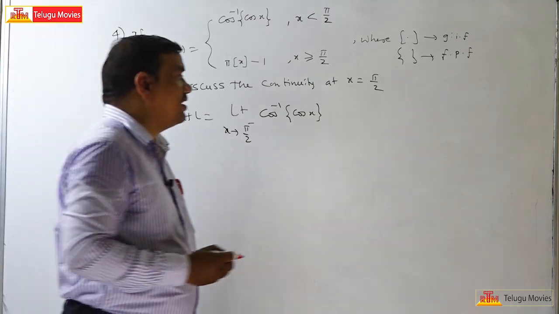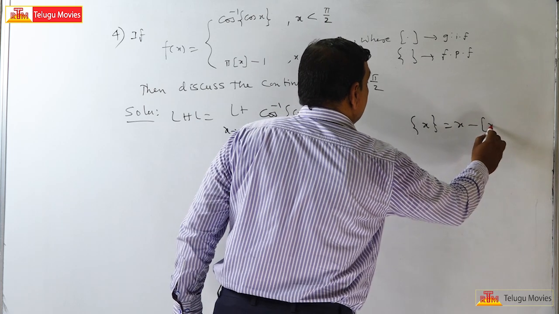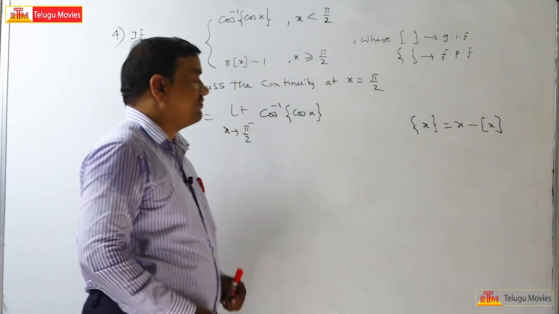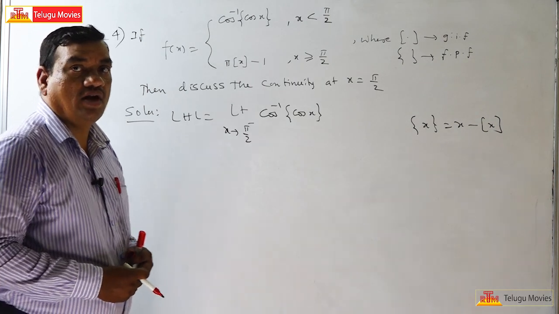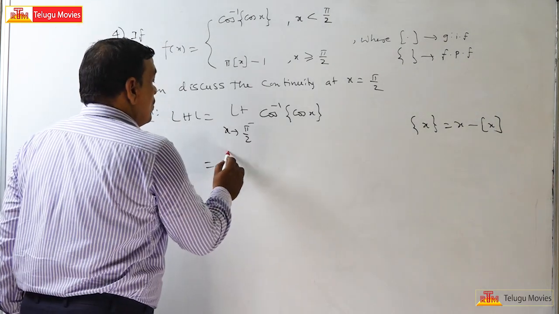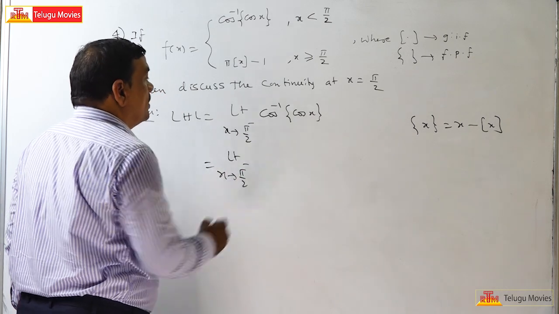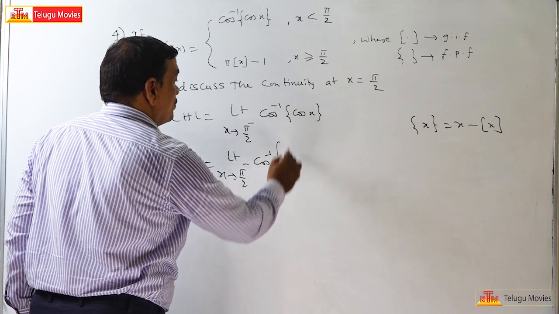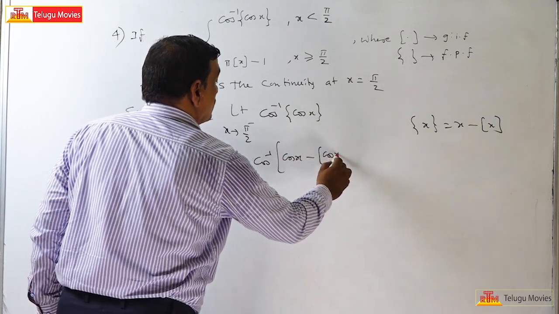First of all, we know the fractional part of x is equal to x minus the greatest integer of x. So here also, limit x tends to pi by 2 minus cos inverse of cos x minus the greatest integer of cos x.